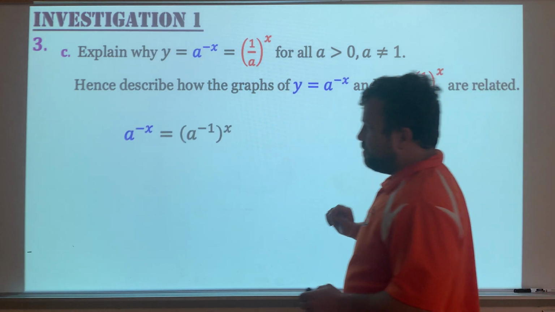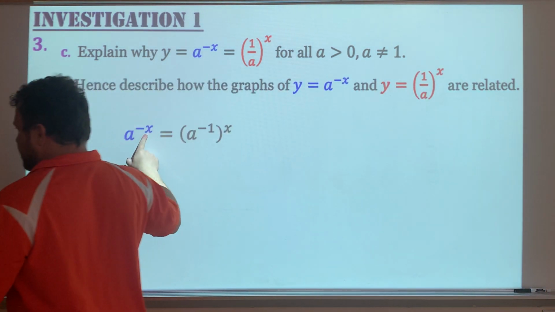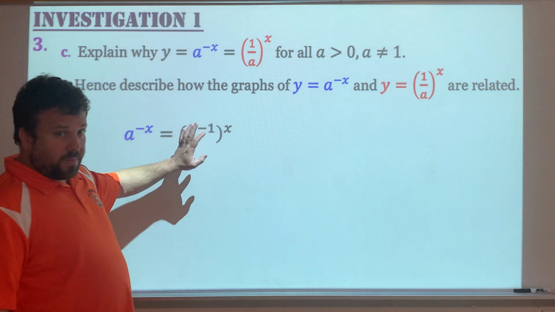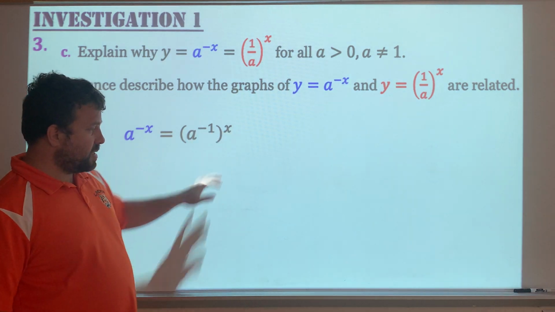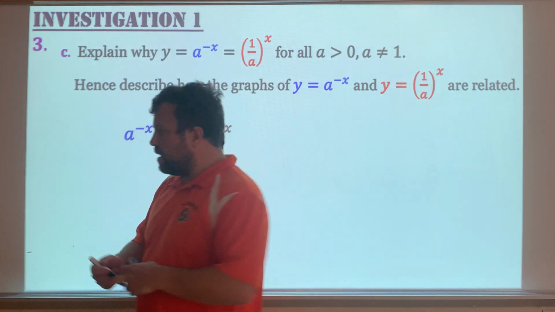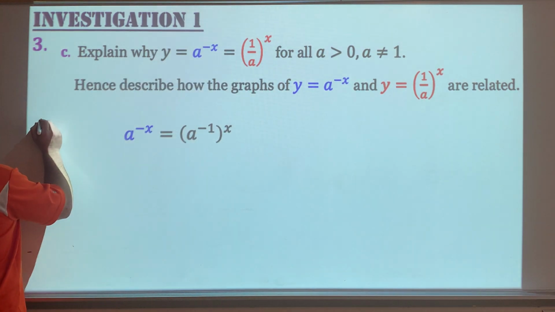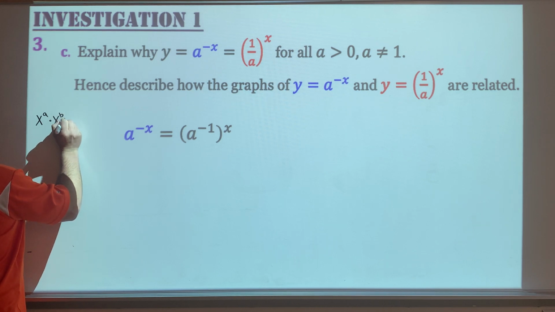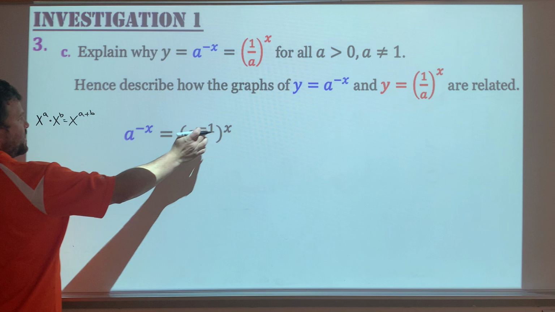Well, look at a to the negative x. This is just a matter of math. They're both the same thing. A to the negative x is the same as a to the negative 1 times x. You should know from your power rule that x to the a times x to the b is x to the a plus b. But this isn't multiplying.